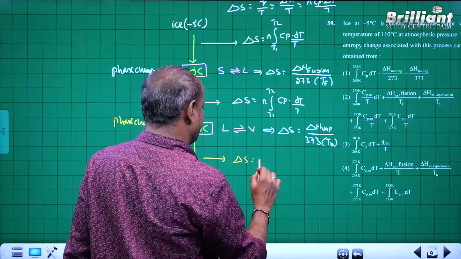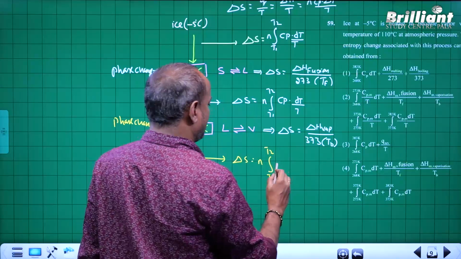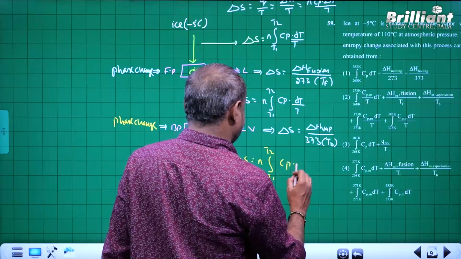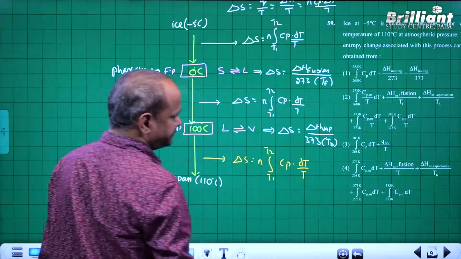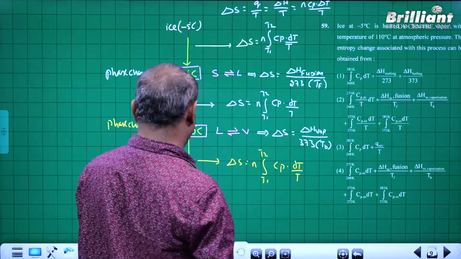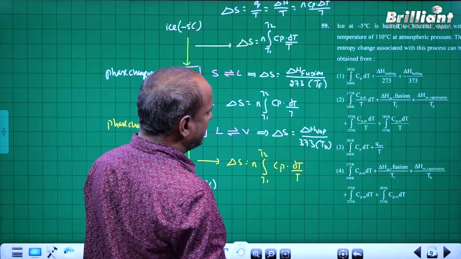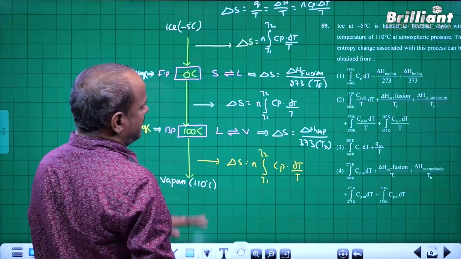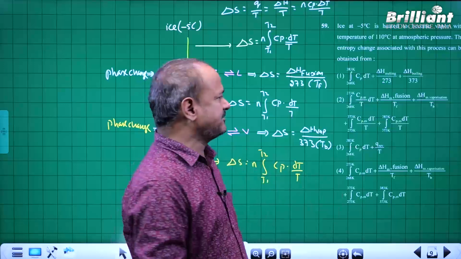Delta S equal to T1 to T2 Cp dT by T, up to 383. Okay. Then 5 steps are required. So without verification, just look for where 5 steps are present.